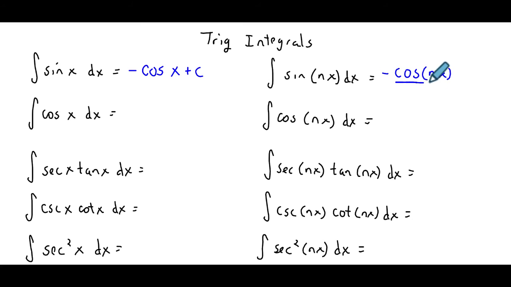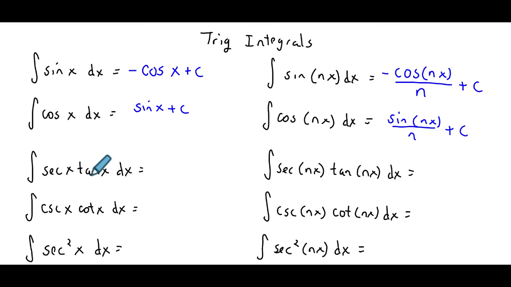But what's going to end up is you're going to divide by that n, plus the c. So that's a nice little pattern to know. It works out when we're simplifying some of these trig ones. The integral of cosine of x is going to be sine of x plus c. And the integral of cosine of nx is going to be sine of nx over n plus c.